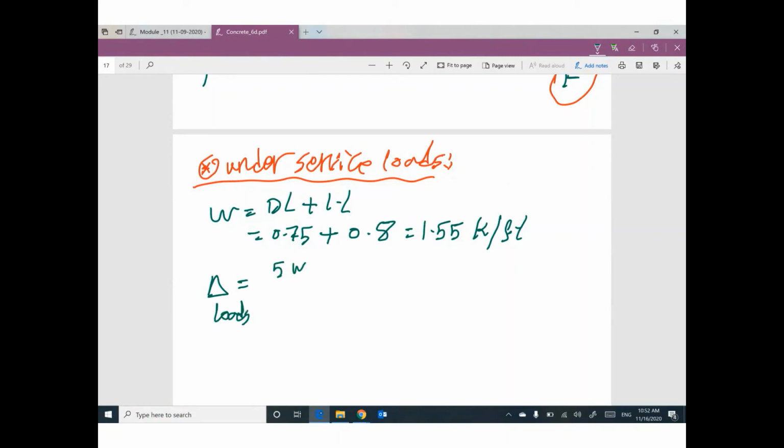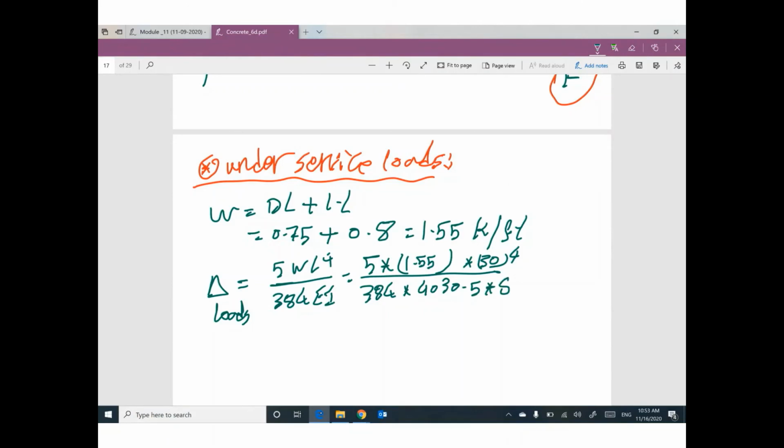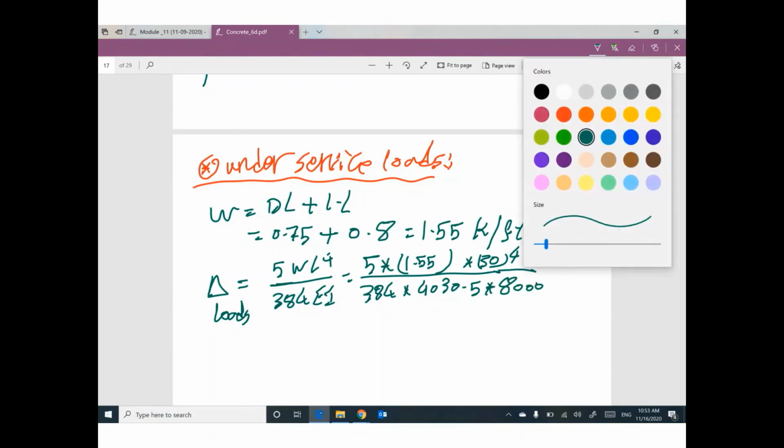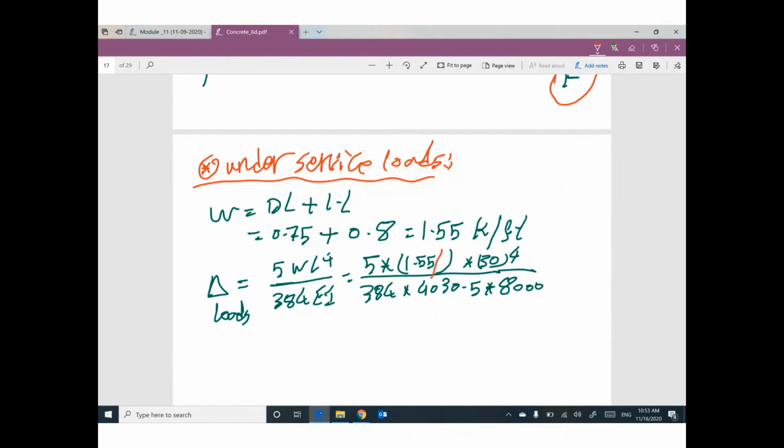Your deflection due to load equals 5 WL to the power 4 divided by 384 EI, which will be 5 times 1.55 times 30 to the power 4 divided by 384 times 40, 30.5 times I 8000. One more time, make sure your units are consistent. So I will divide this one by 12.